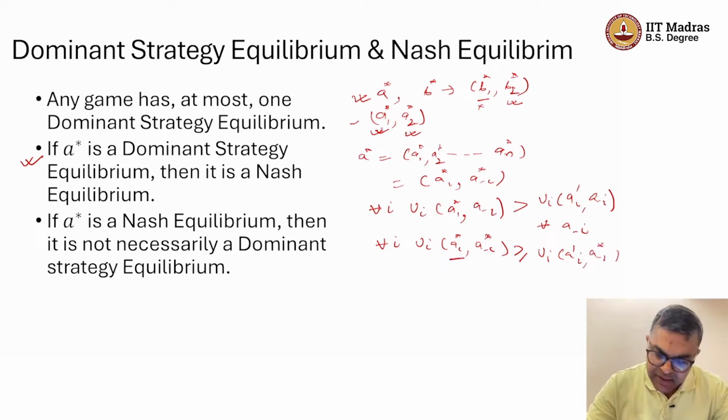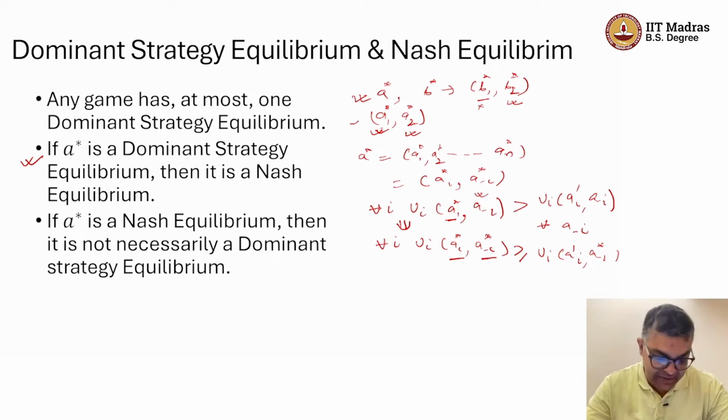So Ai star should be among the best responses to others playing A minus i star. Here we are saying Ai star is the best no matter what other players are playing, so they can play A minus i star also. So this automatically implies this. The other way is not true.